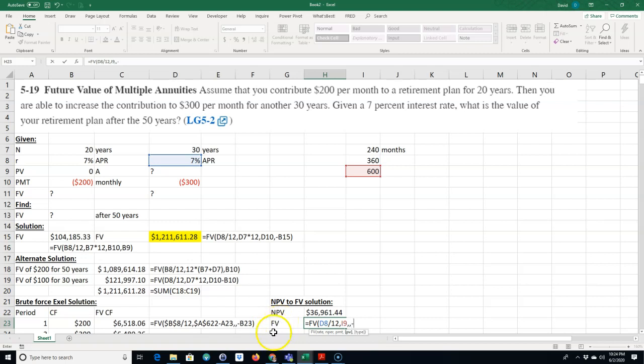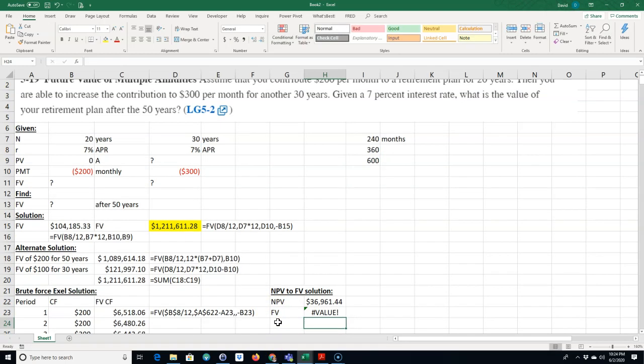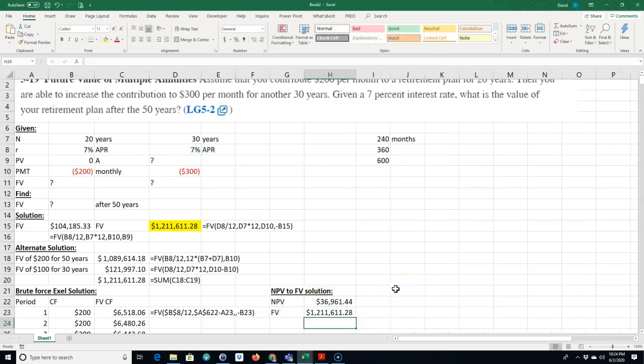So I'm going to go negative this. Let me just check. Rate. Number of periods is 600. No payment. Present value is a negative that. And I get the same answer.